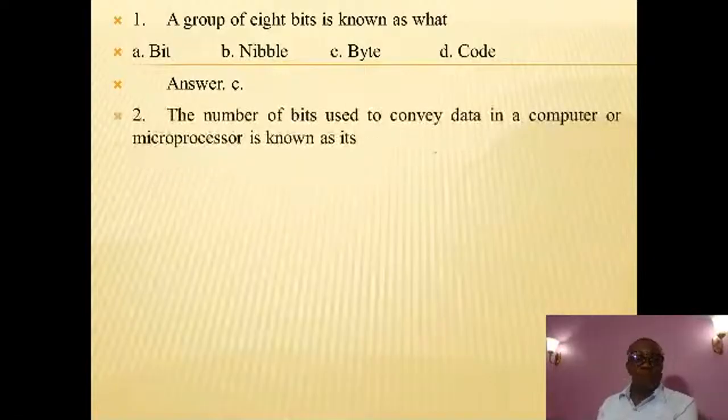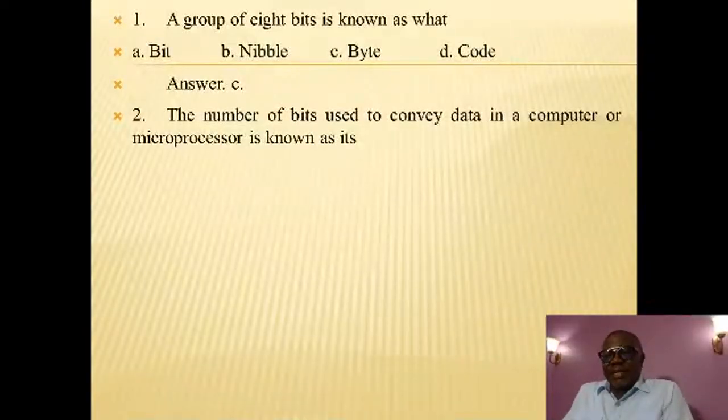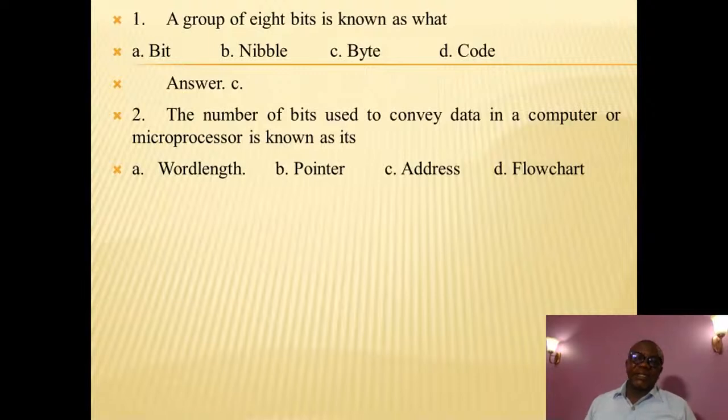Question 2, the number of bits used to convey data in a computer or microprocessor is known as what? We say A, word length, B, pointer, C, address, and D, flowchart. And our answer is A, word length.